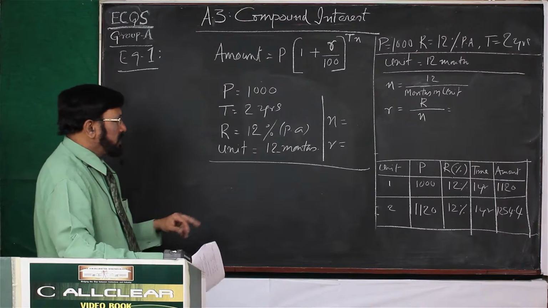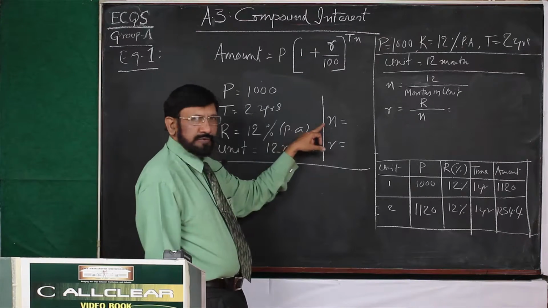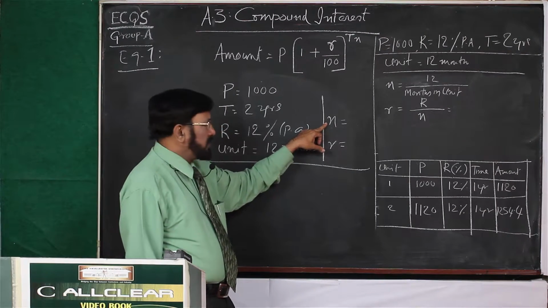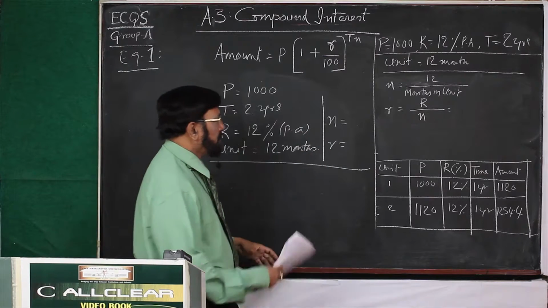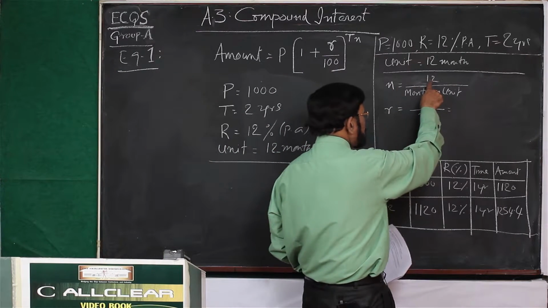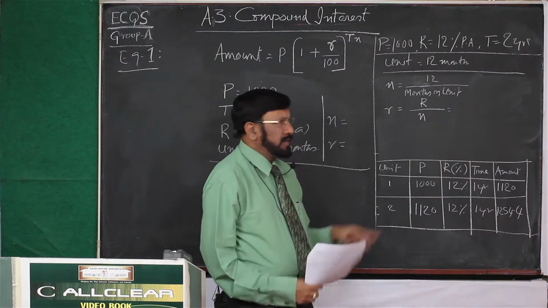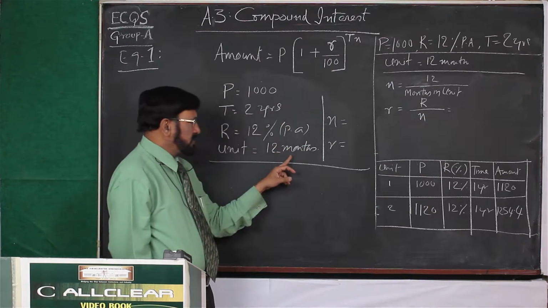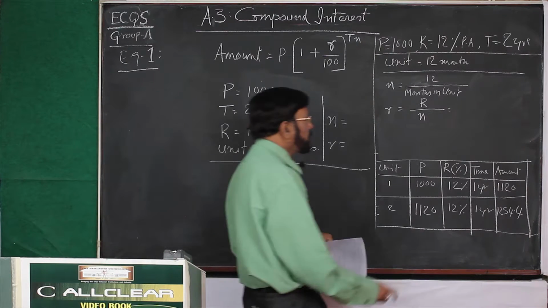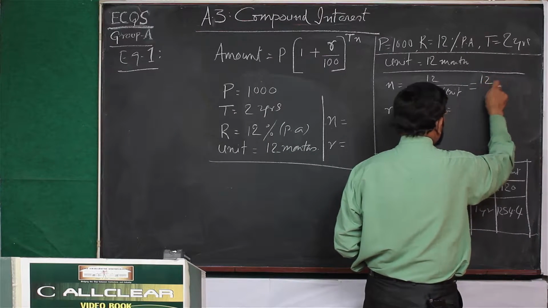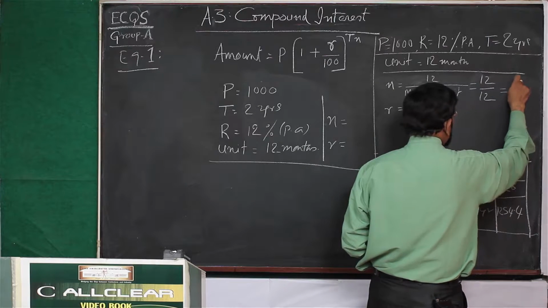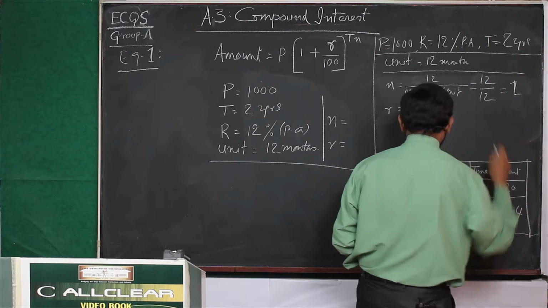Now, what you have to calculate, these two are new things to you, one is N, the other one is R. N is 12 by months in the unit. Here months in the unit period is 12 months, 1 year. So 12 by 12 comes 1.